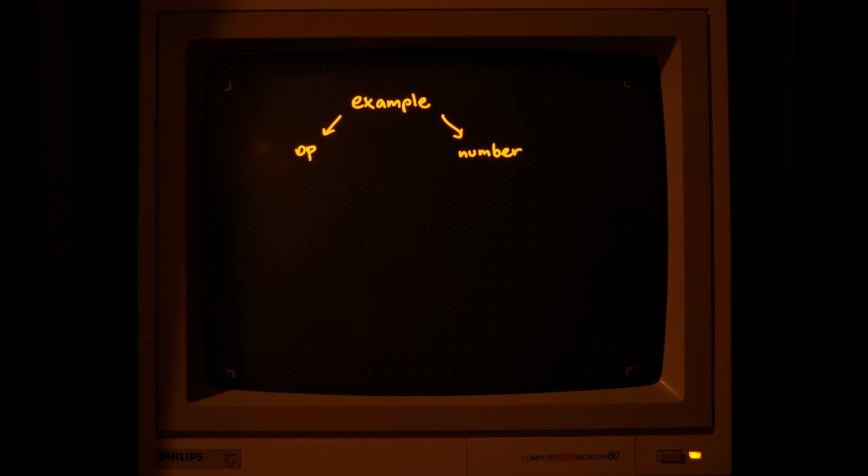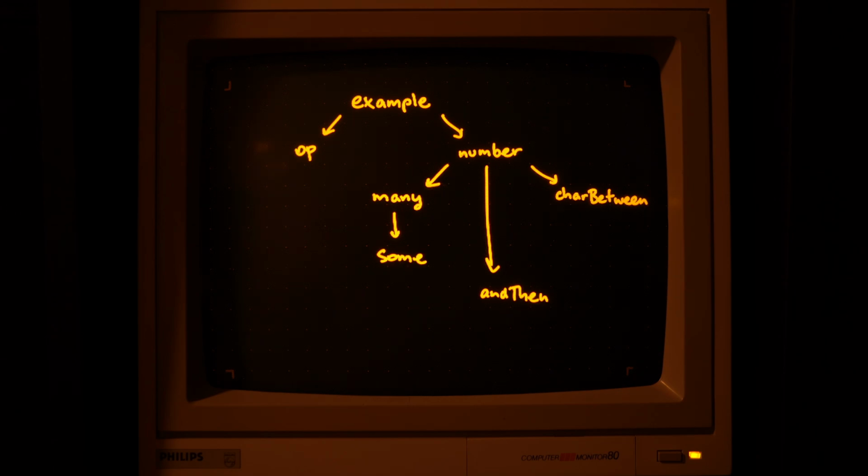A number, an unsigned integer in our case, is made of multiple digit characters. Digit characters are characters between 0 and 9. It will take those characters and try to convert them to an integer. The many combinator, which will parse one or more items, can be made with another combinator, some, which will parse 0 or more items. You can imagine we would say parse one item and then parse some other items, the rest of them.